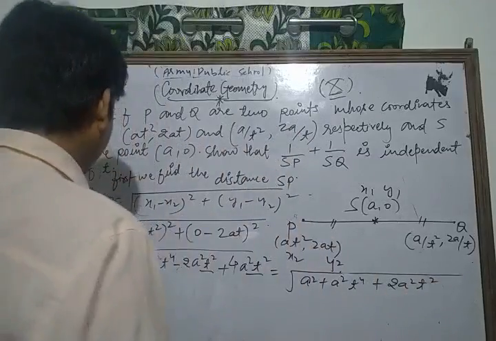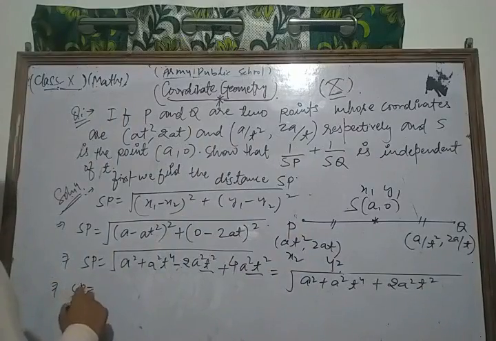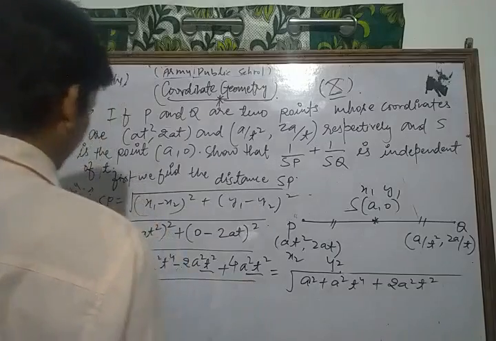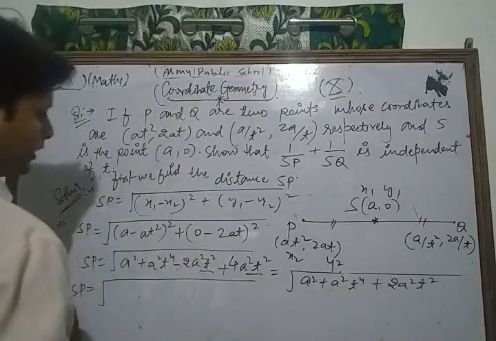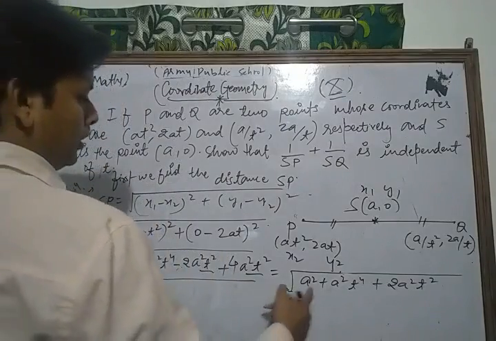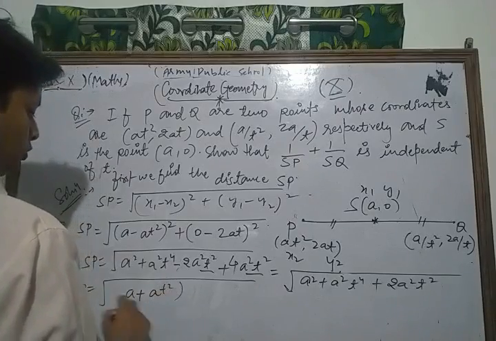So we can write the distance SP is equal to the square root of (a plus at square) whole square.